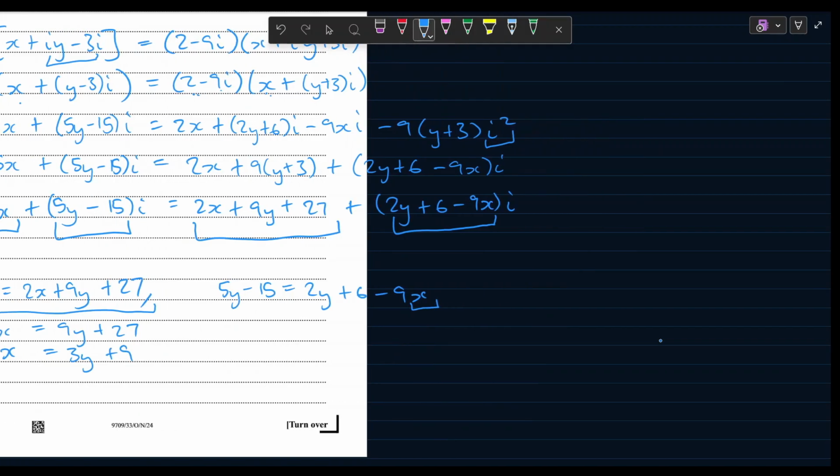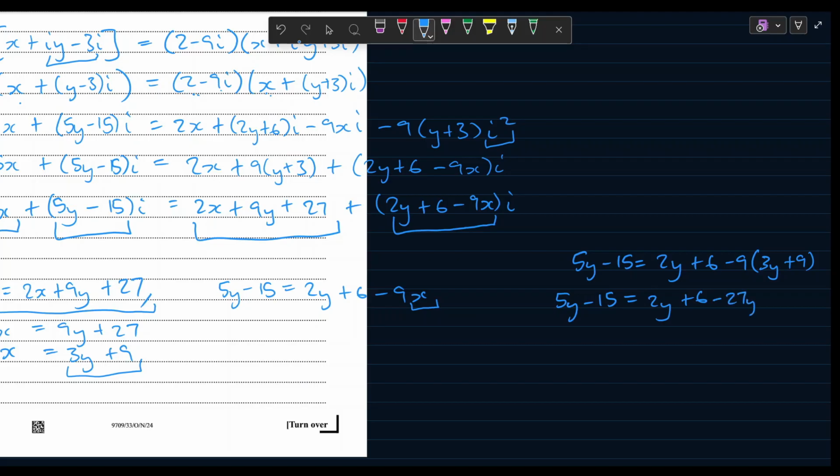Let's do it on the side. So 5y minus 15 is equal to 2y plus 6 minus 9 times our x, which is 3y plus 9.